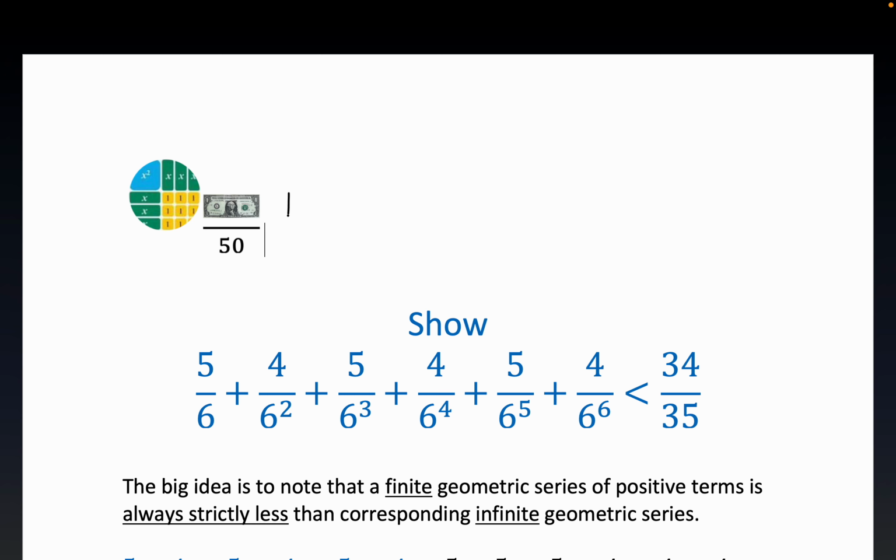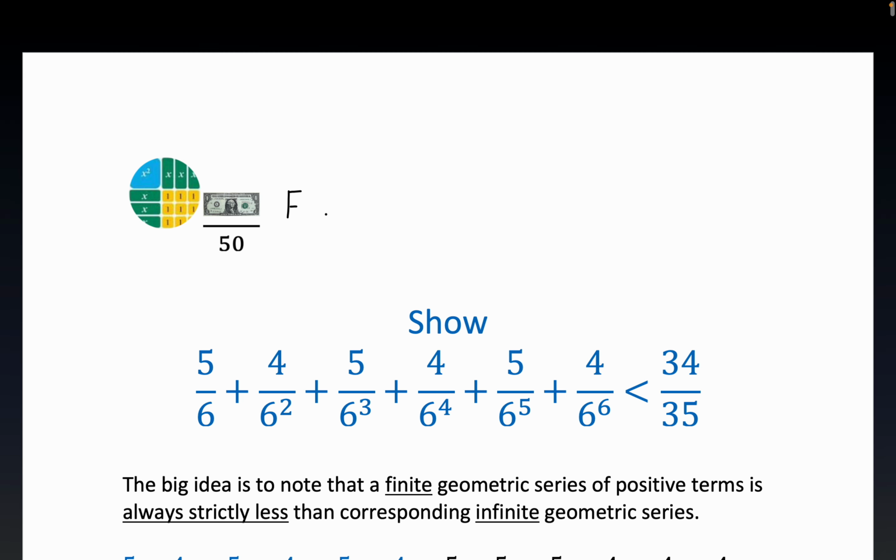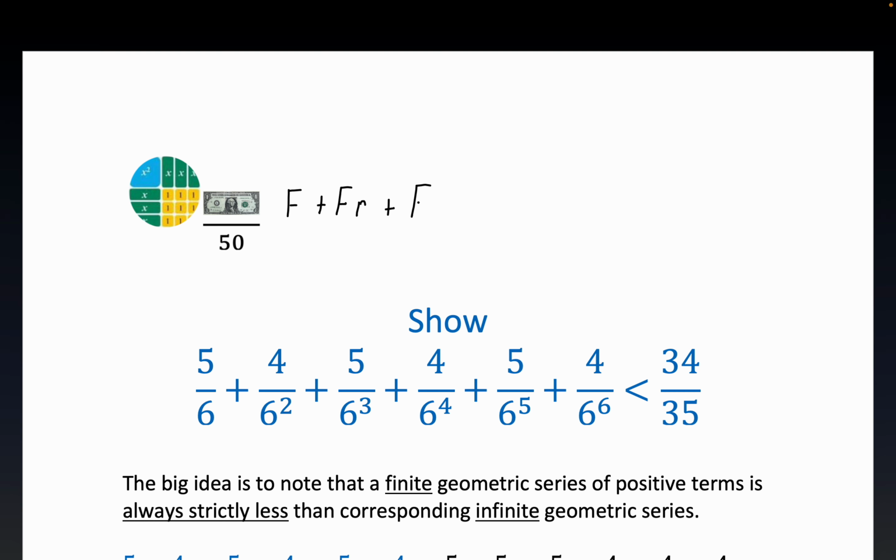Hey everybody, I want to start by writing down a famous result about the sum of an infinite geometric series. So let's let f be the first term, and then we'll let fr be the second term. r stands for common ratio, and we'll go plus fr squared.